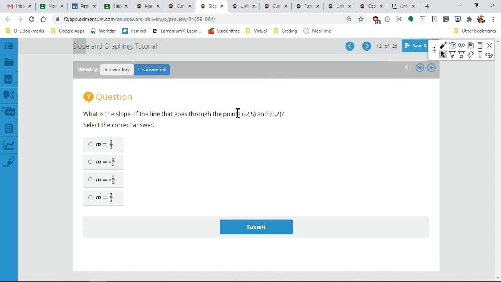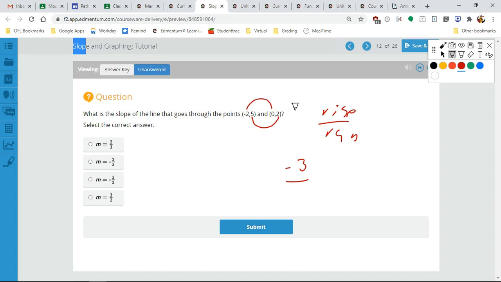So when we're doing this, what is the correct slope of this? So when we're going from, I always do my y's first. I know you want to do your x's first, but remember it's rise over run. So I always try to do my y's first. So if I'm going from here to here, 5 to 2, I went down. It's a smaller number, so I went down 3. And if I go from here to here at negative 2 to 2, I went to the right.